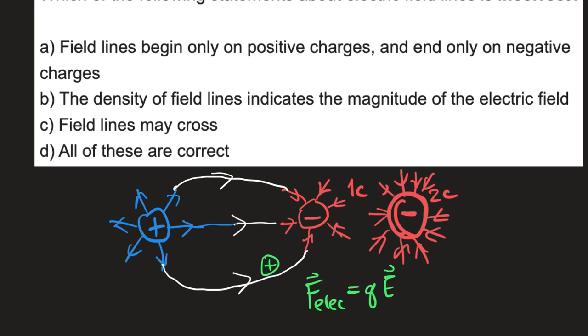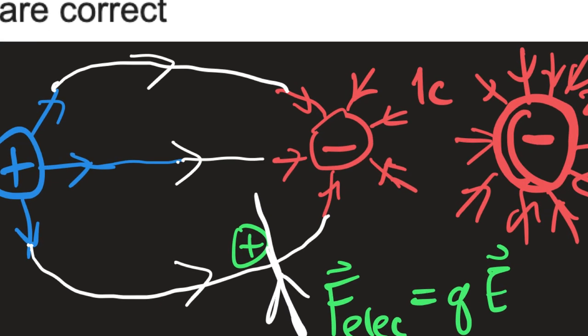But if we also had a field line going, say, this way, if we had the field lines cross, then we have this point right here where that charge, if it were right there, would have no idea which direction to go, because one line is saying that charge should move to the right.